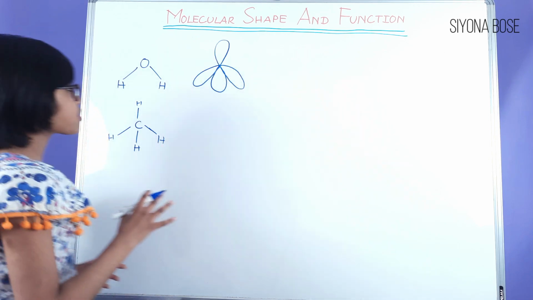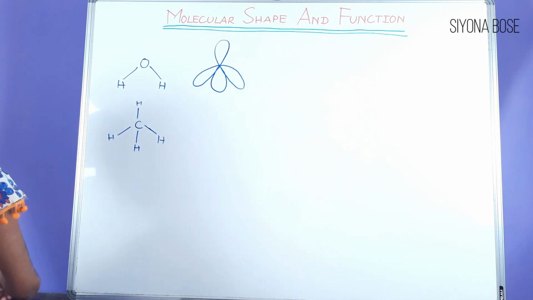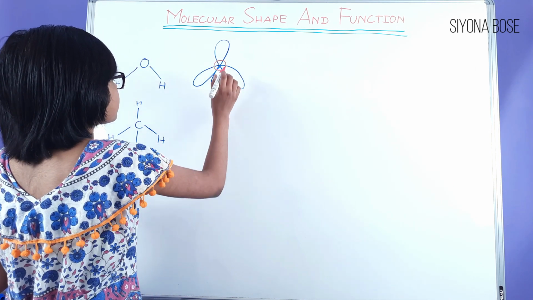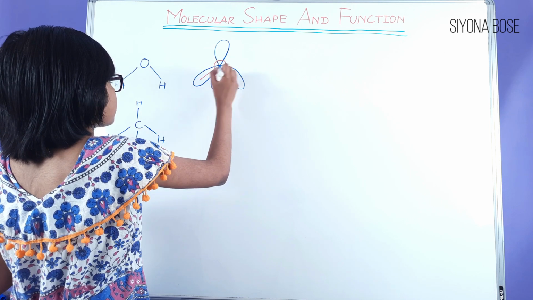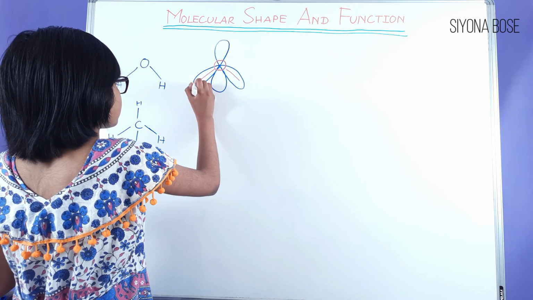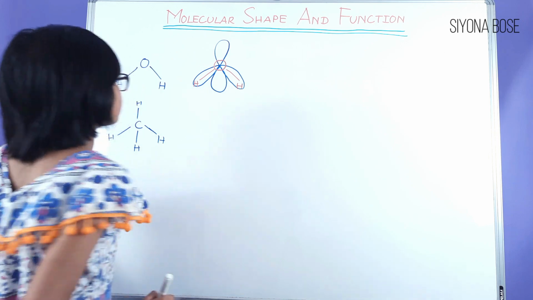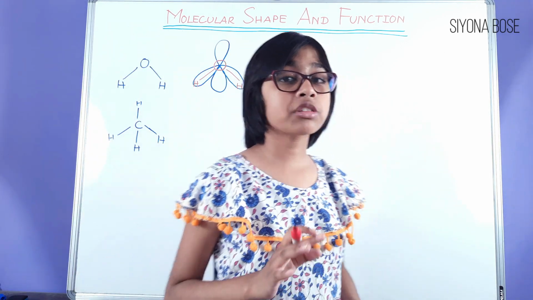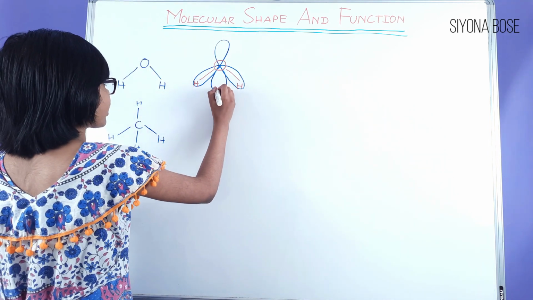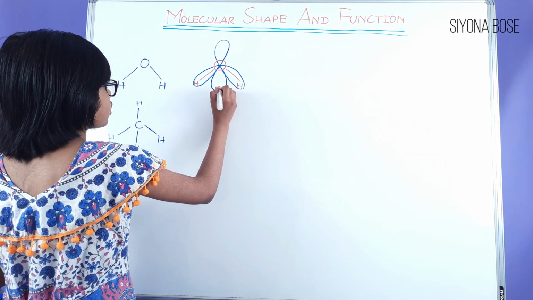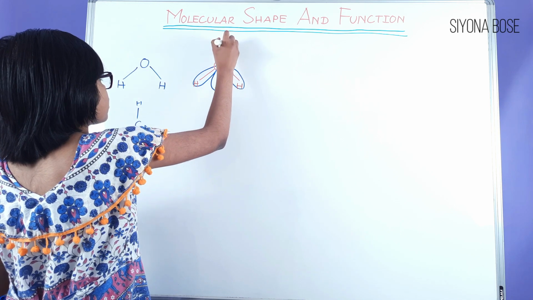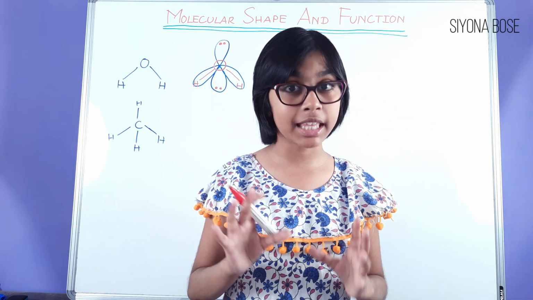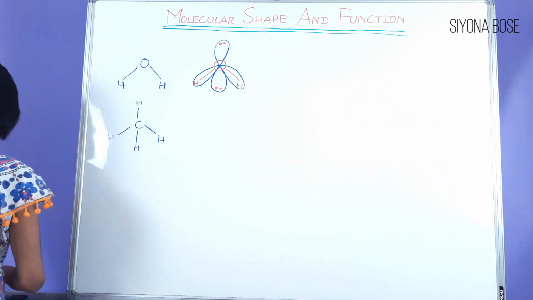If I superimpose H2O on this, O is in the center and the hydrogens branch out. But why is it a tetrahedron? Because of the lone pairs. But it's not a perfect tetrahedron, so let's see the same thing in the case of methane.